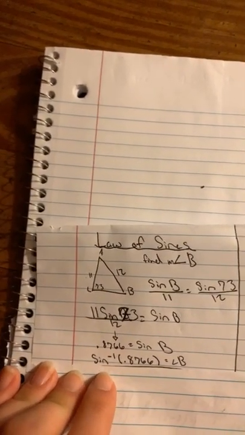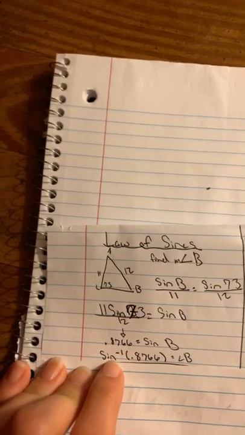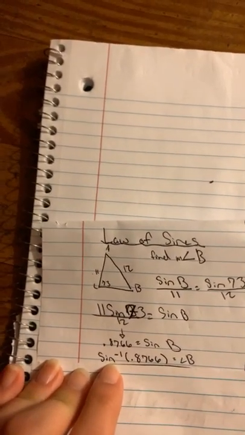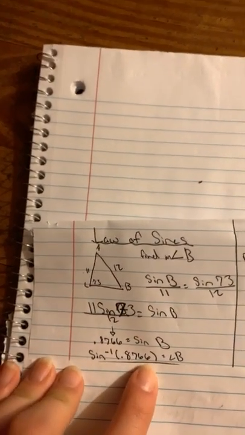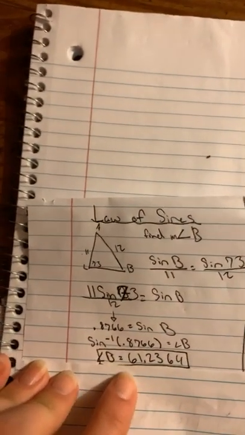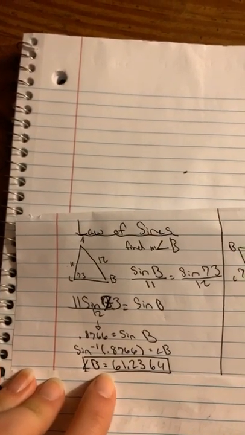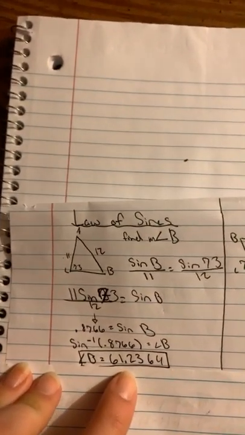If we invert it, we take the inverse of sine of 0.8766, which equals angle B. We get angle B is equal to 61.2364 degrees.